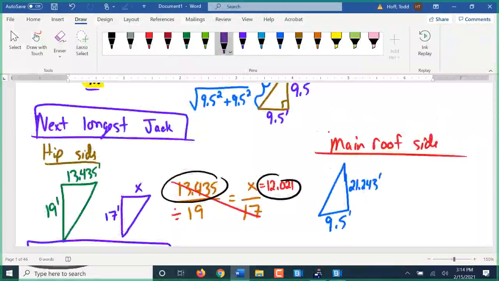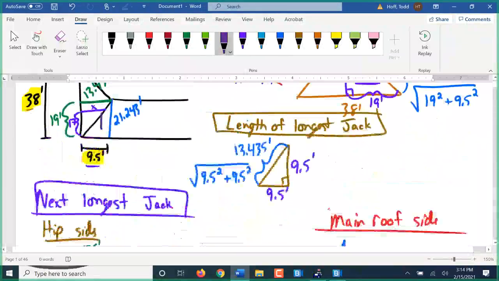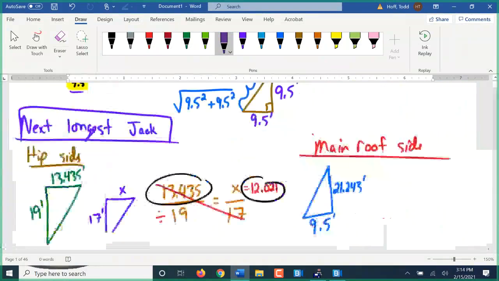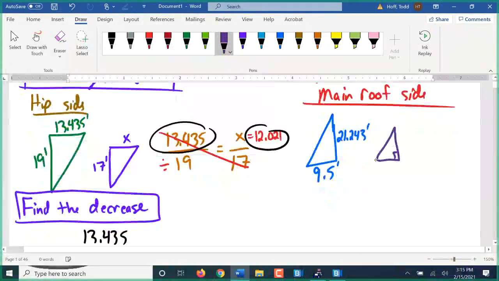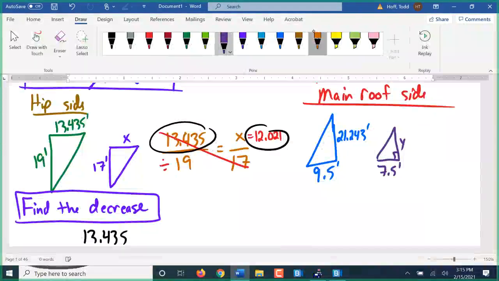Next triangle here, I'll call this Y. What do I know about this? 7.5, just 2 feet less than the 9.5. 7.5 and Y. How do I set up that proportion?